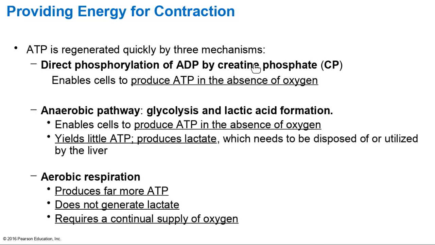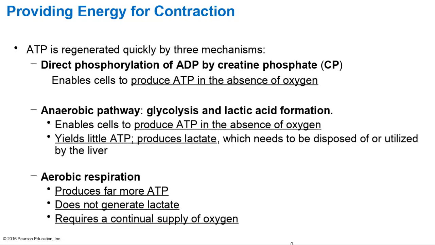Now, there's a certain substance here that's going to be responsible for adding this phosphate back to ADP to form ATP. It's called creatine phosphate. There's a substance in your muscle cells called creatine phosphate, and creatine will donate its phosphate to ADP to reform ATP.